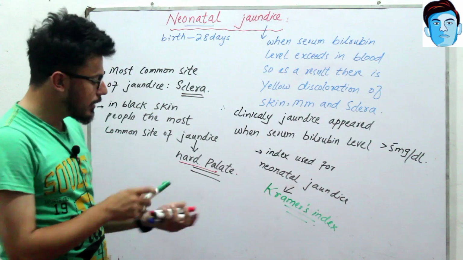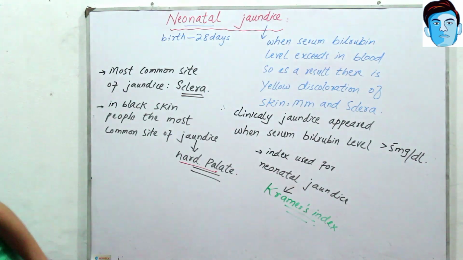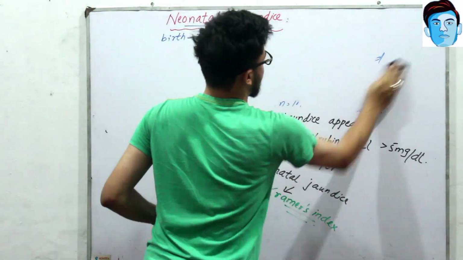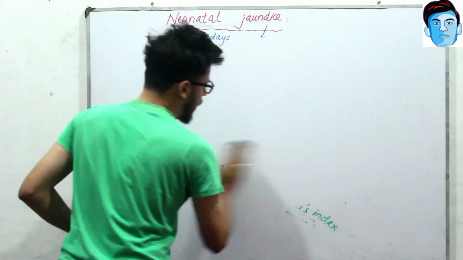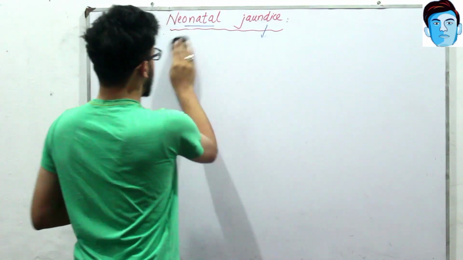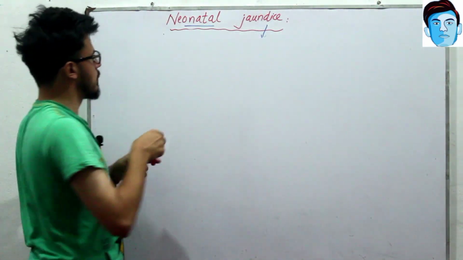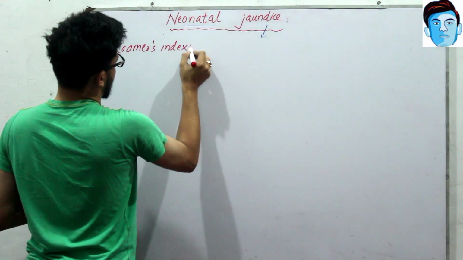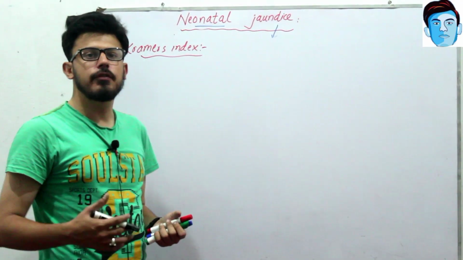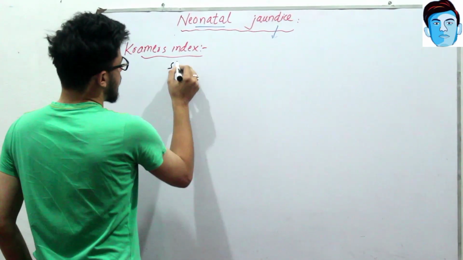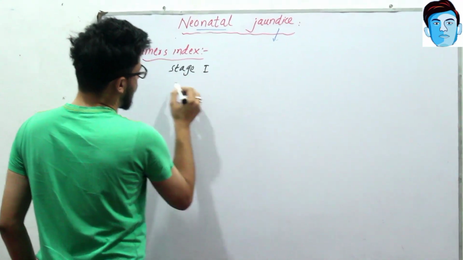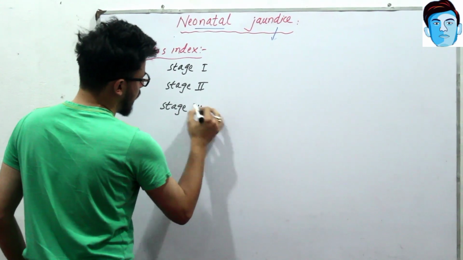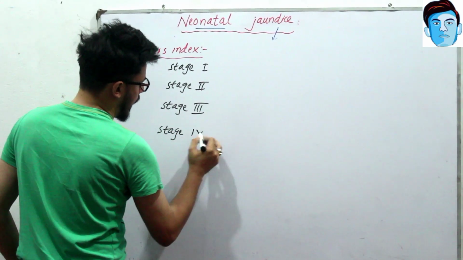Now let's understand the Kramer index. There are different stages in the Kramer index depending upon the severity of the jaundice: stage 1, 2, 3, 4 and 5.